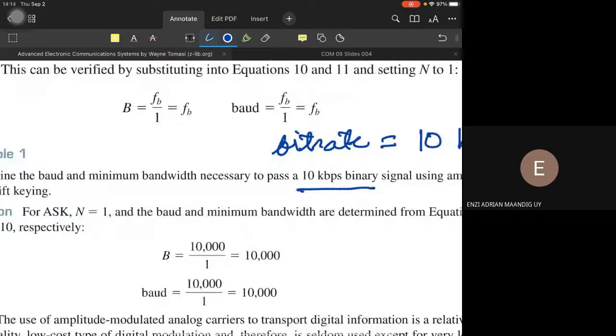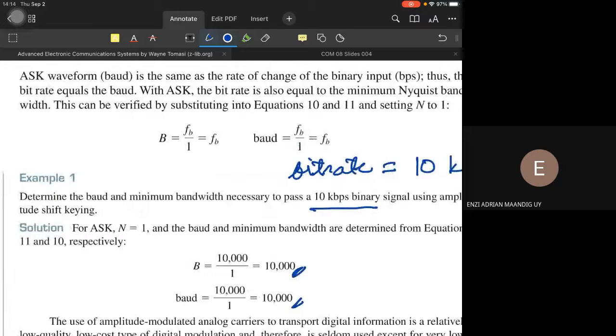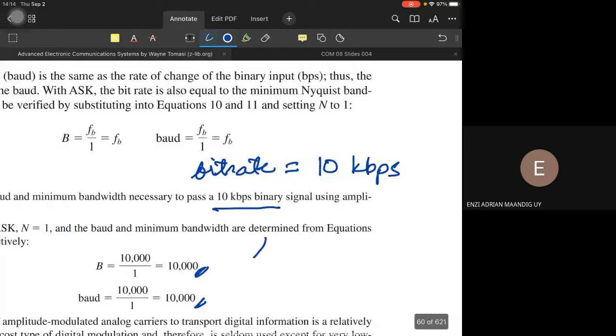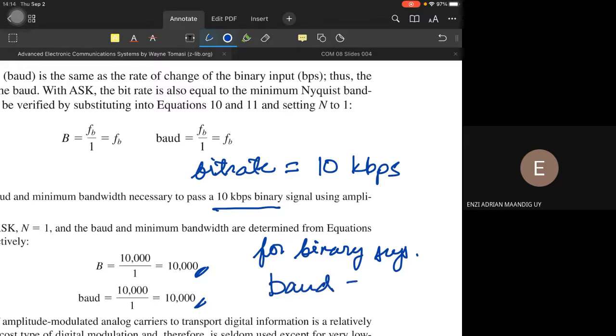The baud is also 10 kilohertz, because for binary systems, baud and bit rate are equal.